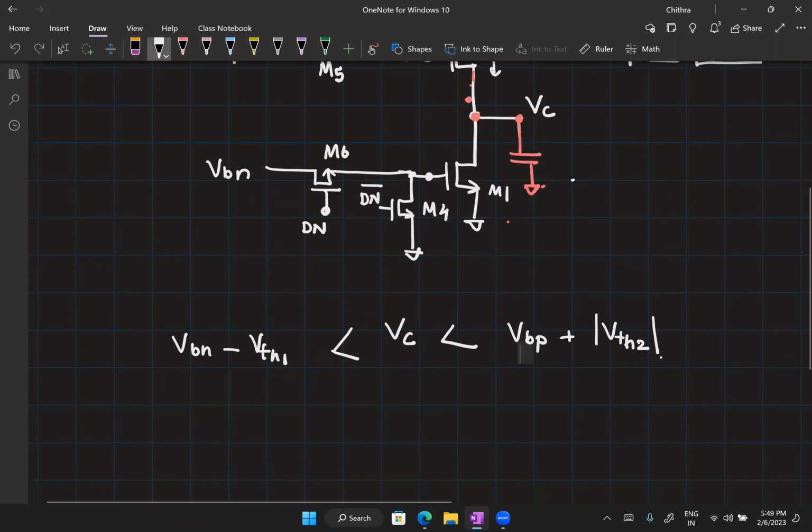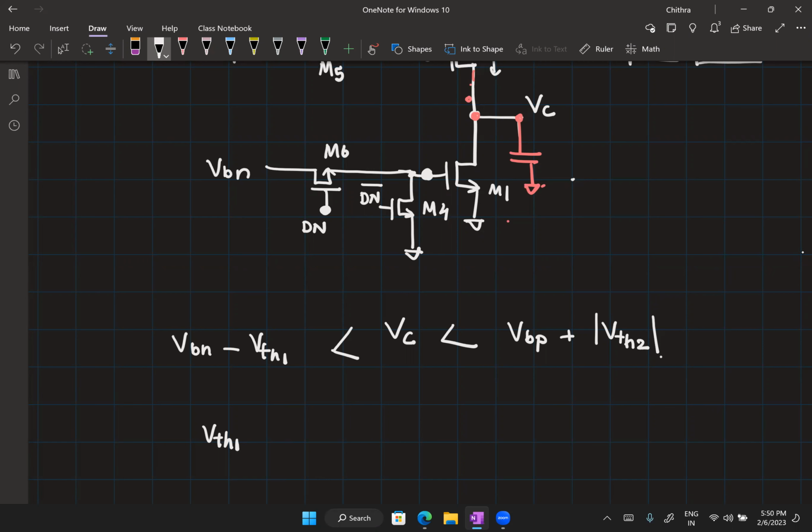So can you comment on the voltage value that needs to appear here for M1 to turn on? What is the minimum voltage you need to have here for M1 to turn on? VTH1. Now, what is the minimum voltage that needs to appear here for M6 to turn on?